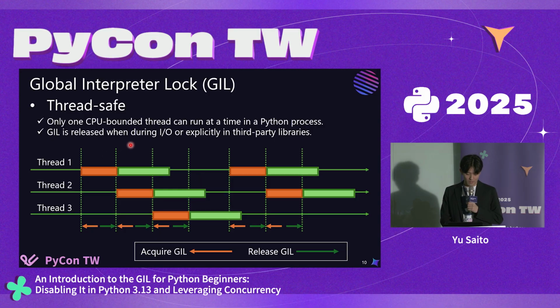And the light green bars, the non-CPU-bound tasks, are not affected by the GIL. Why does the GIL enforce these restrictions? Of course, there are some merits to using the GIL. I will explain the merits and demerits in the following slides.